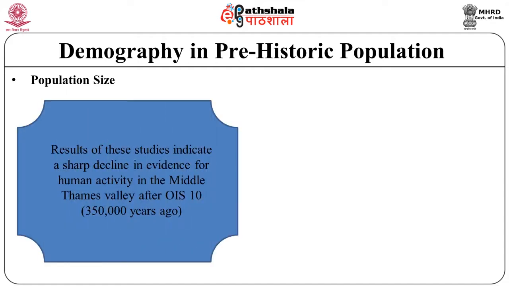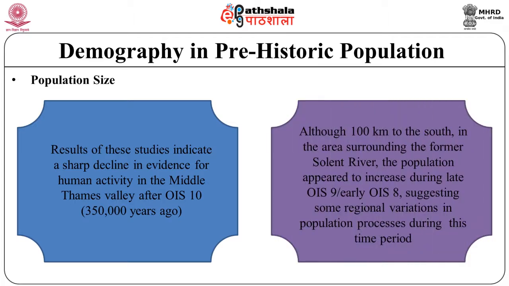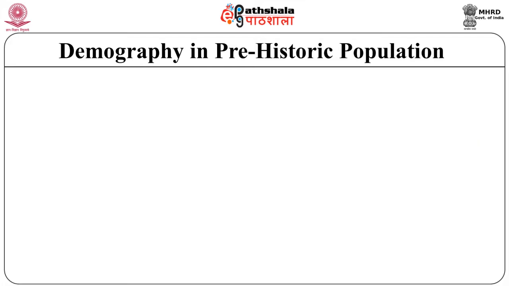The results of these studies indicate a sharp decline in evidence for human activity in the Middle Thames Valley after 350,000 years ago. Although 100 kilometers to the south, in the area surrounding the former Solent River, the population appeared to increase during late OIS 9, suggesting some regional variations in population processes during this time period.